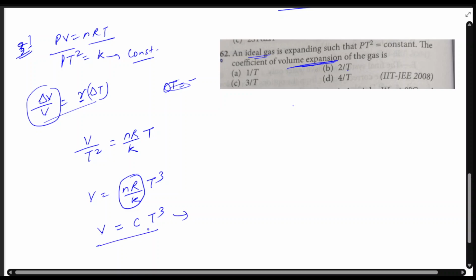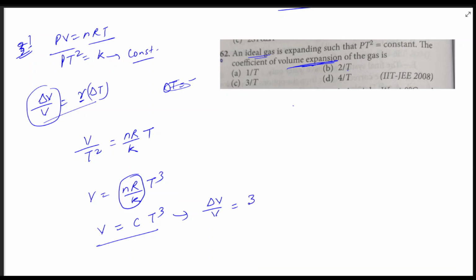Now if I differentiate it, we'll get delta V by V equal to 3 delta T by T. So let's put delta V by V here.